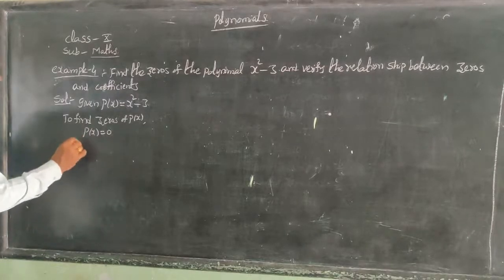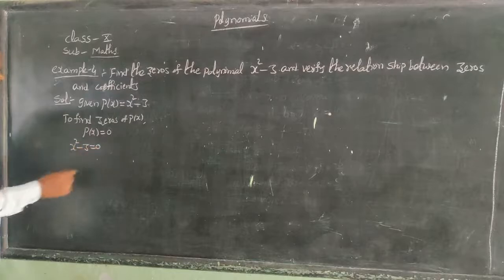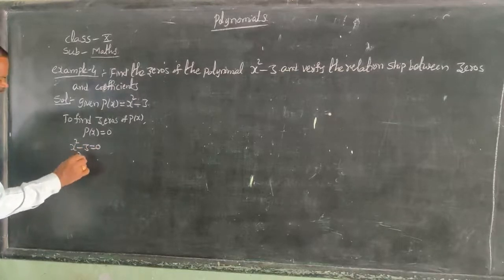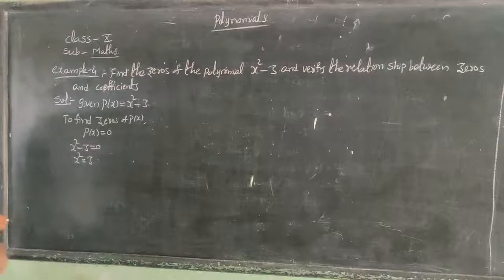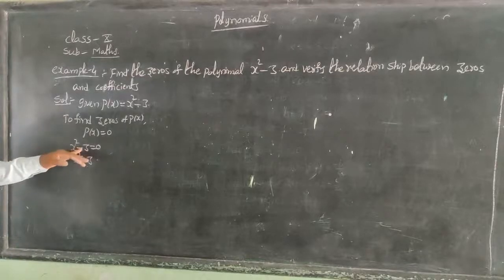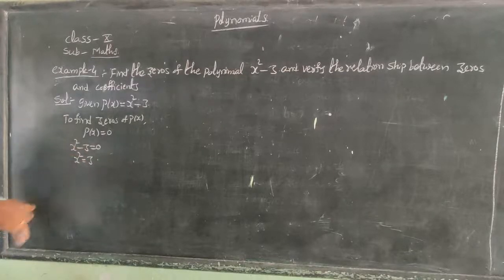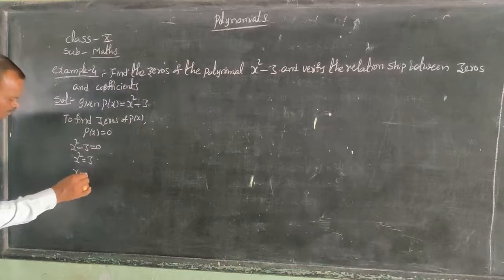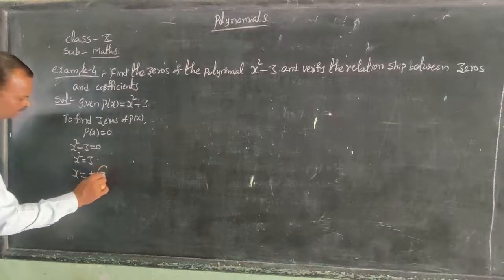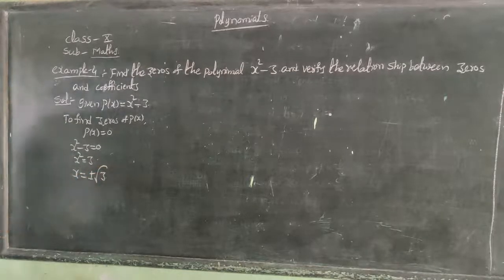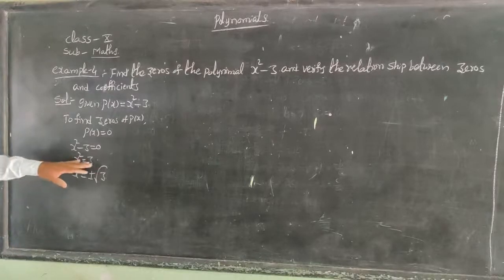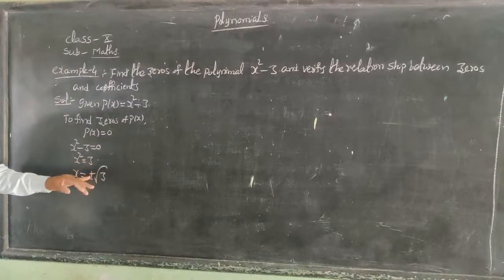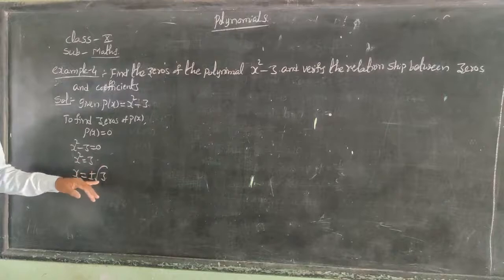That means x square minus 3 is equal to 0, so x square is equal to 3. Transposing minus 3 gives 3. x is equal to plus or minus root of 3.